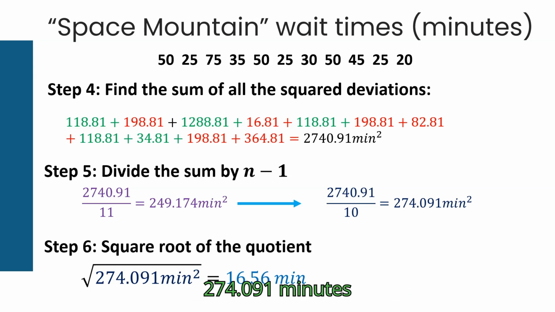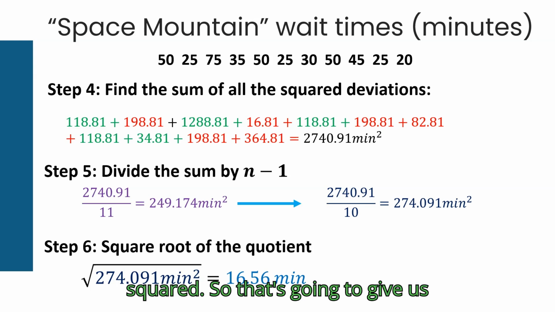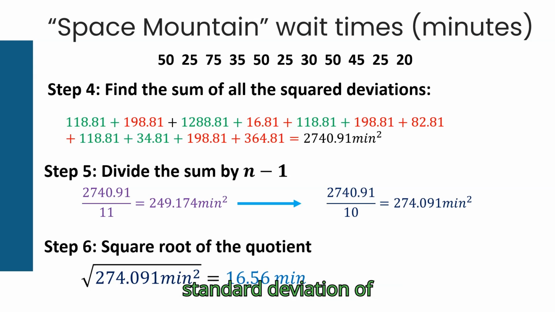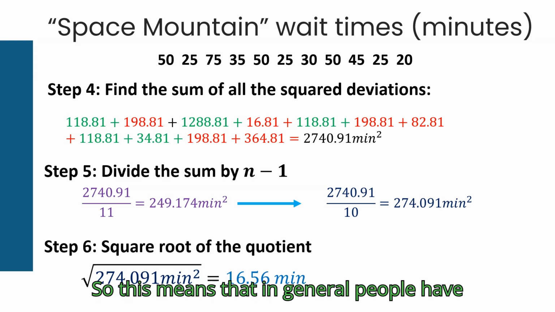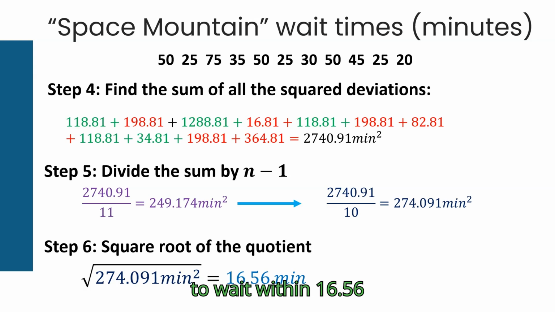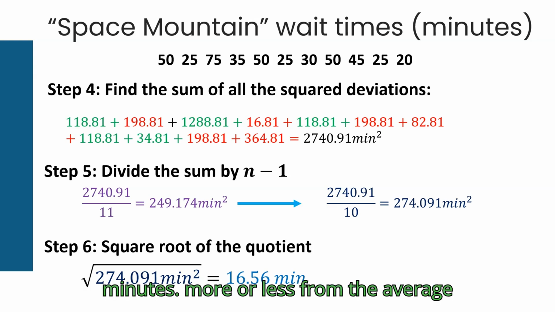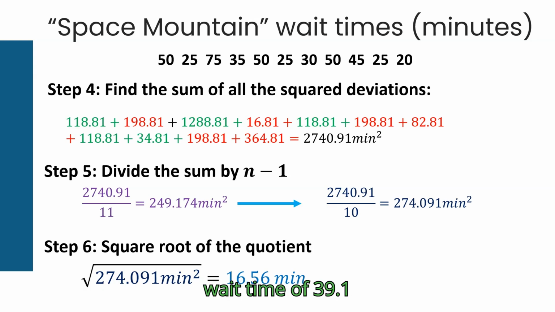The square root of 274.091 minutes squared gives us a standard deviation of 16.56 minutes. This means that in general, people have to wait within 16.56 minutes, more or less, from the average wait time of 39.1 minutes at Space Mountain.